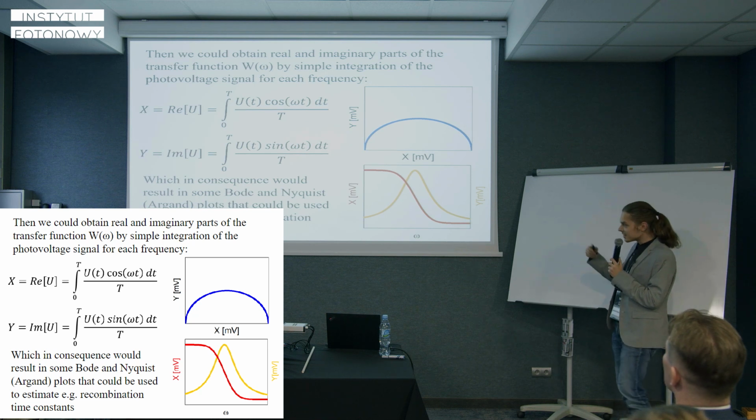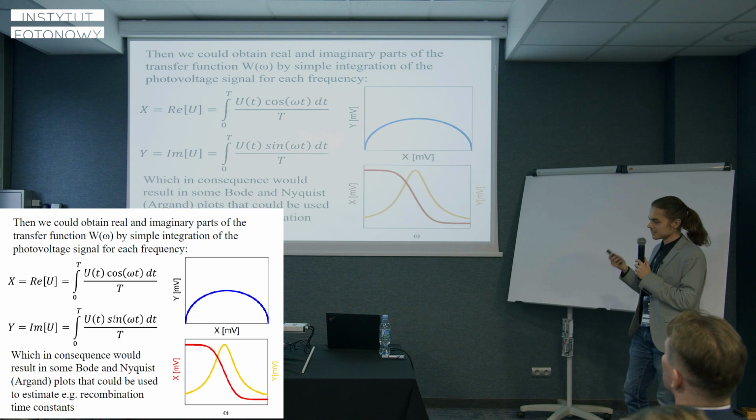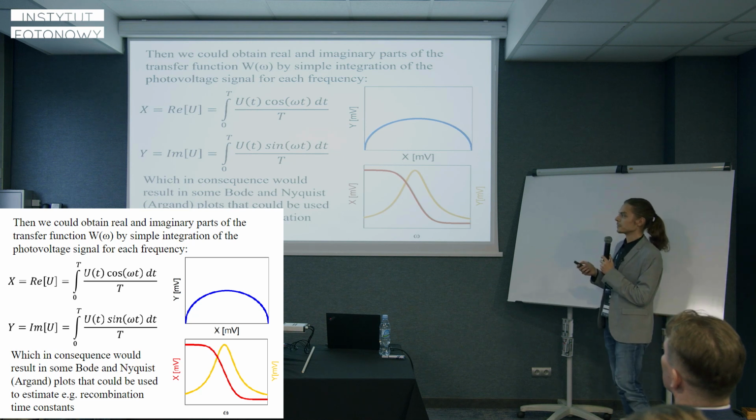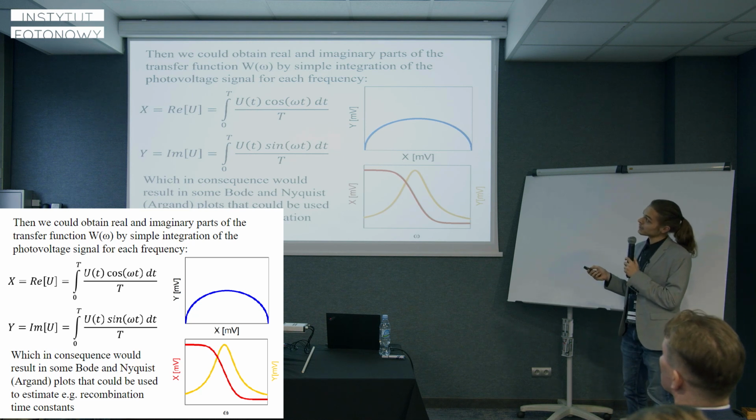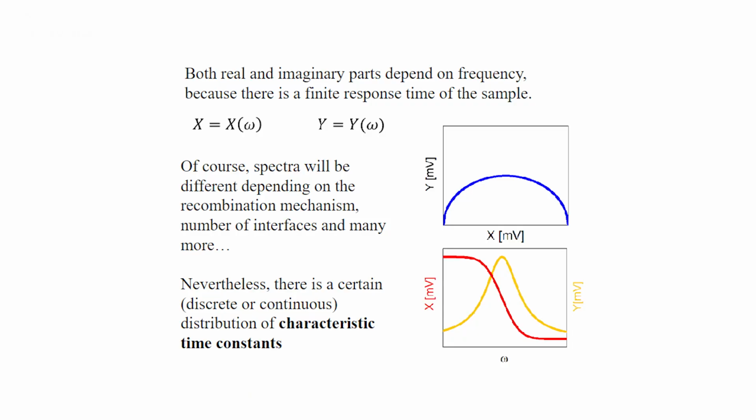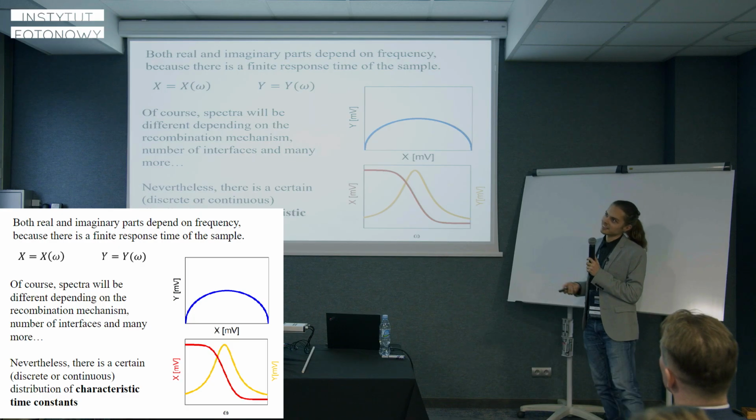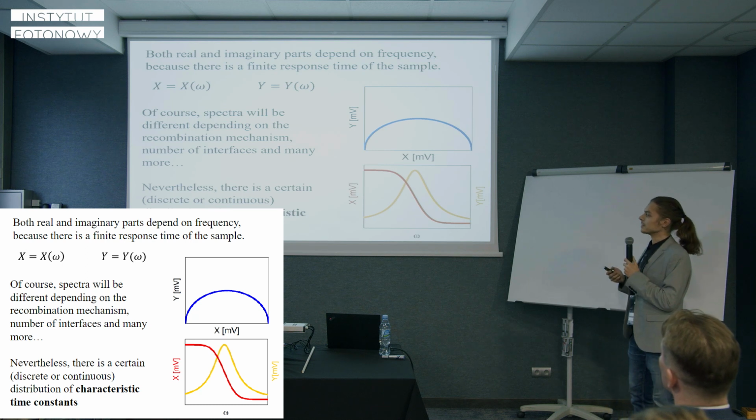But it is an idealized case of an RC circuit, and our samples are more complicated than RC circuits. In principle, there can be more characteristic time constants, so the picture is blurred. It is kind of complicated.